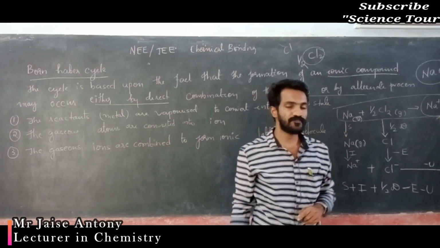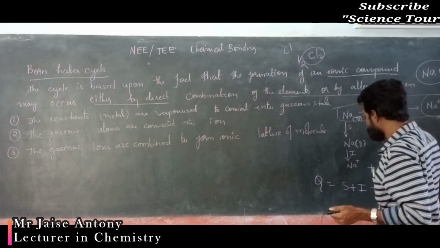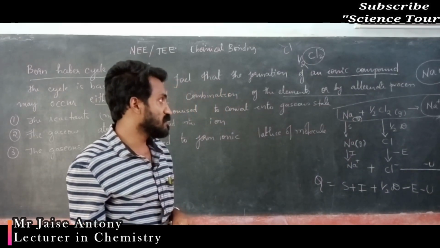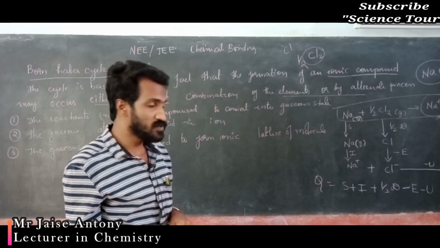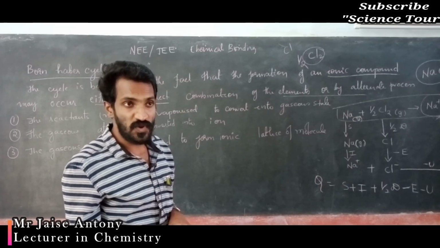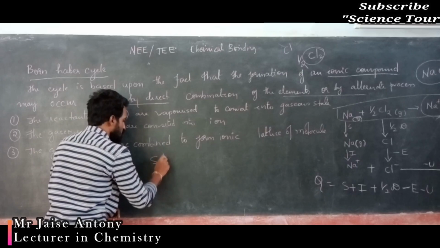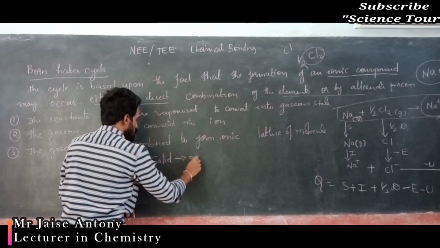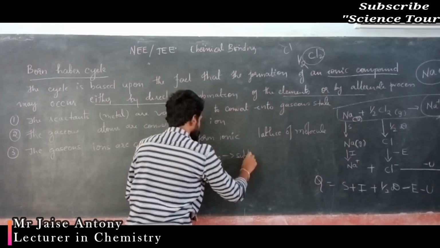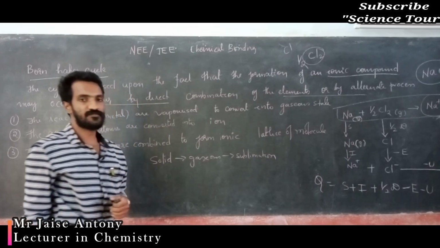If you want to prepare sodium chloride, the first step, my dear students, is that solid sodium has to be converted into gaseous sodium. By which process does solid get converted into gas? By the sublimation process. Sublimation is nothing but heating a solid to convert it into vapor.